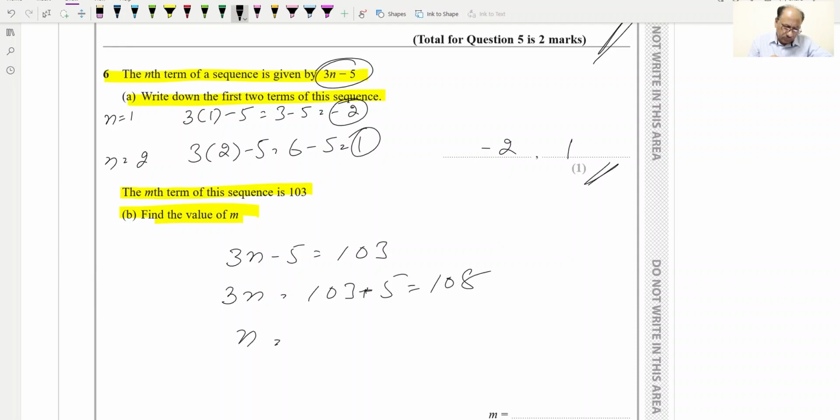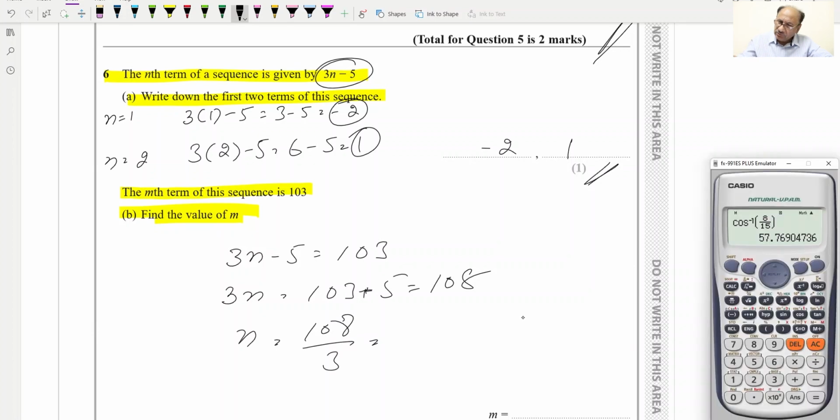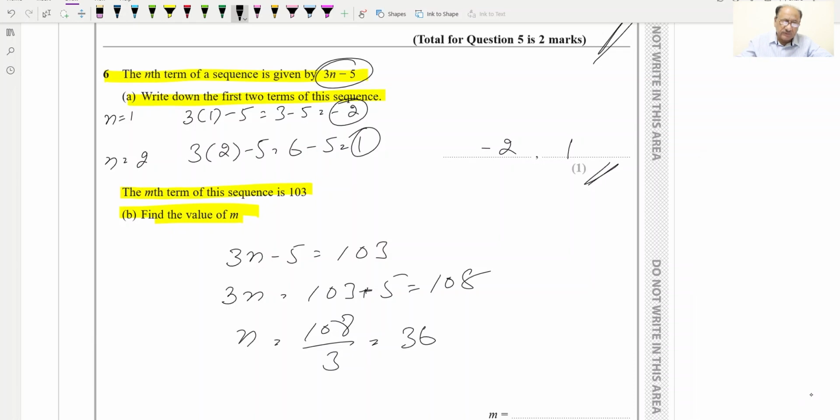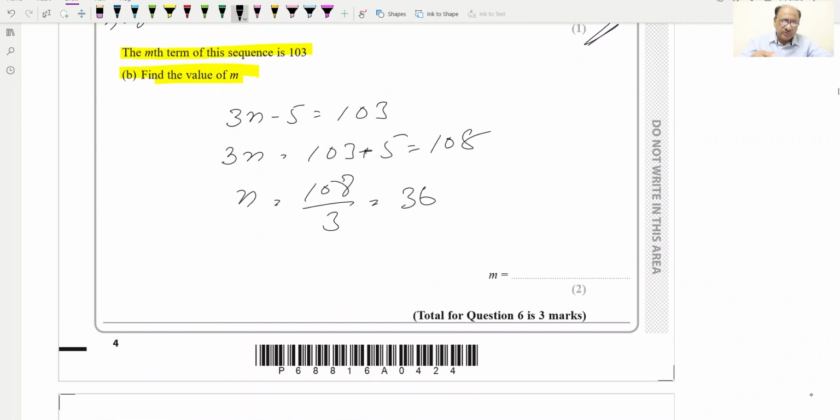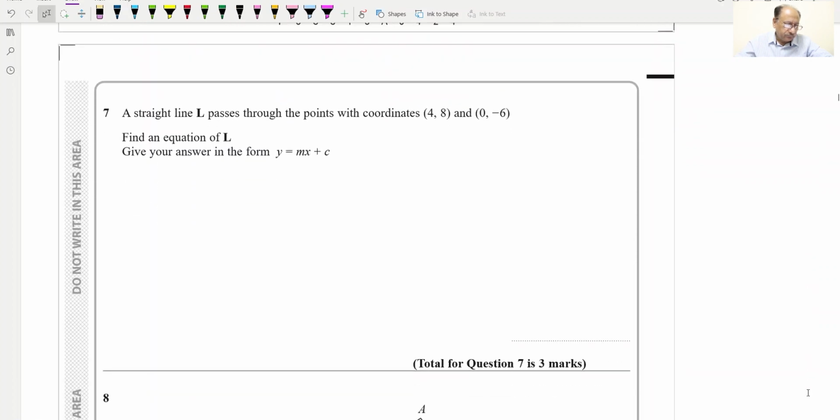So n is equal to 108 over 3, and 108 over 3 we can take, this will be equal to 36. So this is basically the 36th term. So m value is equal to 36. This will be our final.